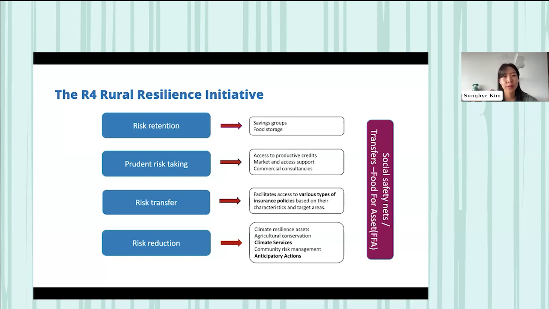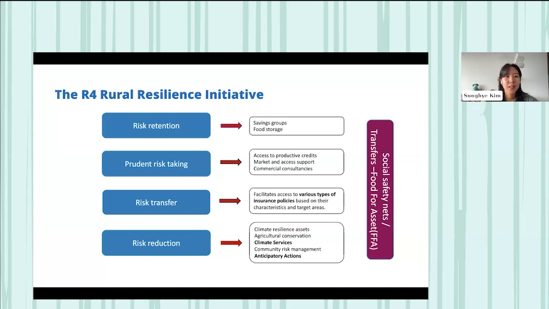Next we focus on risk transfer, which facilitates access to various types of insurance policies based on their characteristics and target areas. We also promote prudent risk taking. This involves a combination of financial education, livelihood diversification, and easier access to credit, all aimed at enabling better investment.